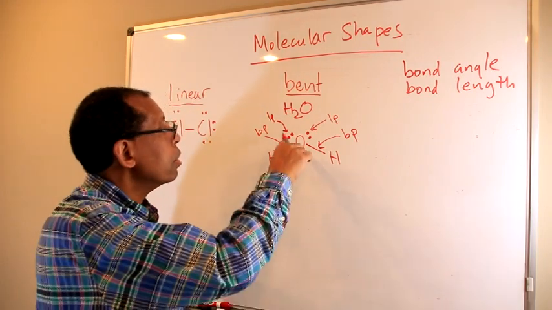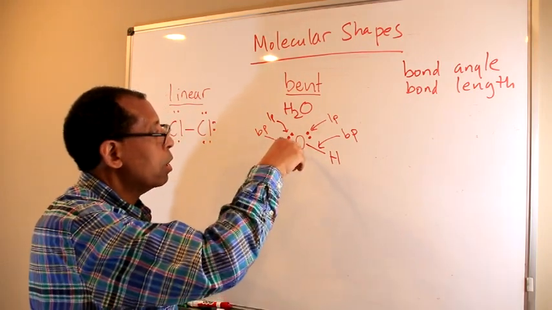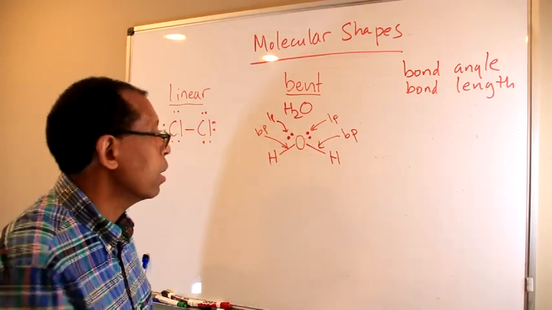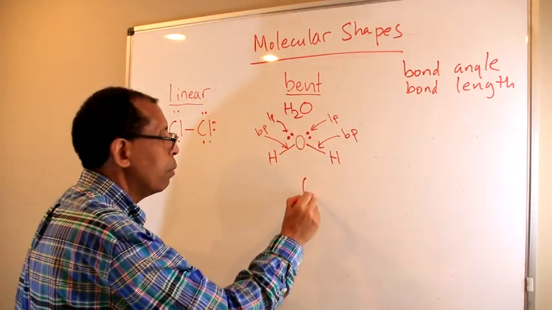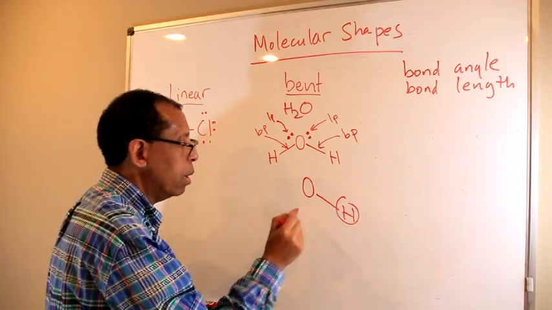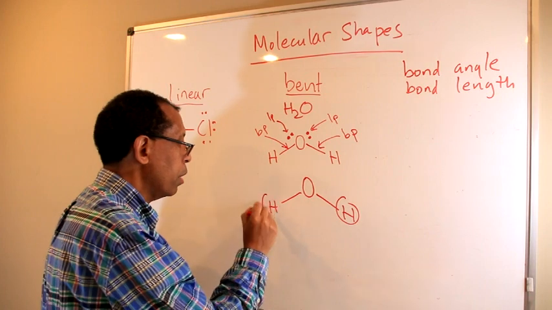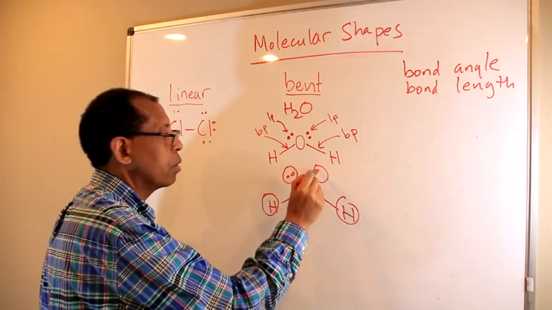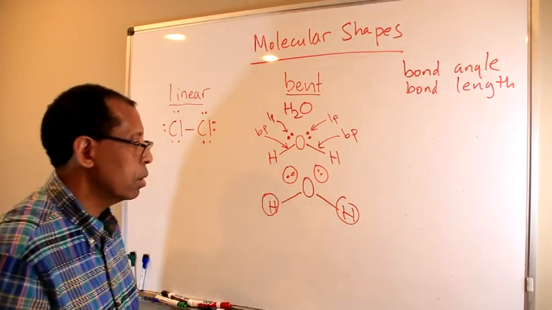Now, if you just consider all of the lone pairs and the bond pairs, there are 4 groups that are attached to oxygen. What I meant is, there is one group here, we call it 1. There is another group here. There is another group, and there is another group that's attached to the oxygen.